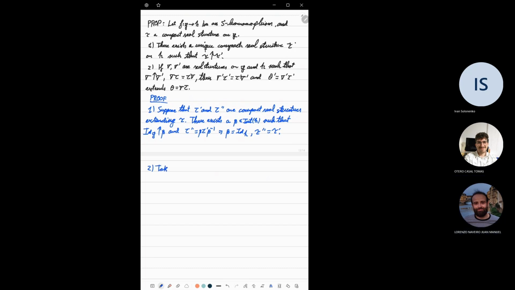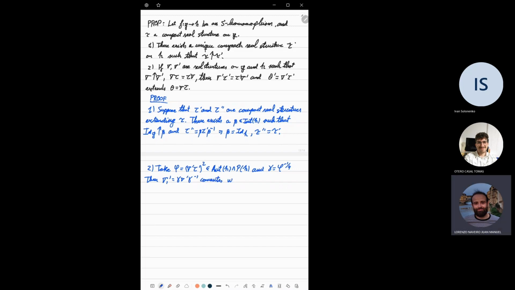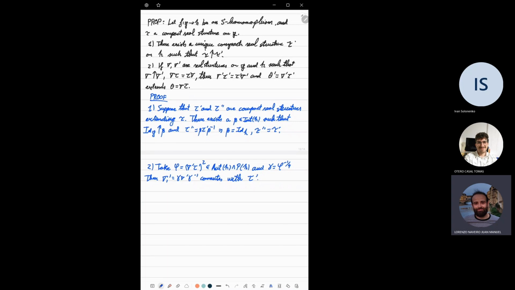So we took an automorphism which was sigma prime times tau prime squared, which is an automorphism that is positive definite with respect to the compact real structure tau prime, and gamma to be equal to phi to the minus 1/4, which is an inner automorphism of H. And we already know that the conjugate of sigma prime with respect to gamma, which we will call sigma 1 prime, so gamma sigma prime gamma minus 1 commutes with tau prime, sorry. And we simply have to check that gamma is the identity.